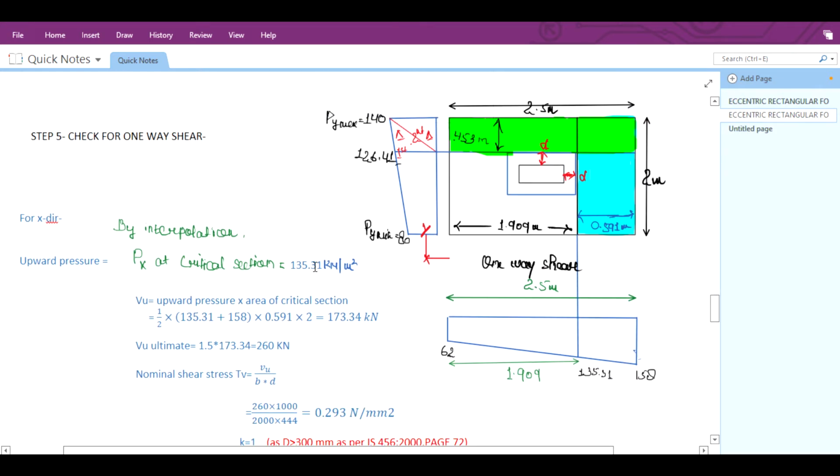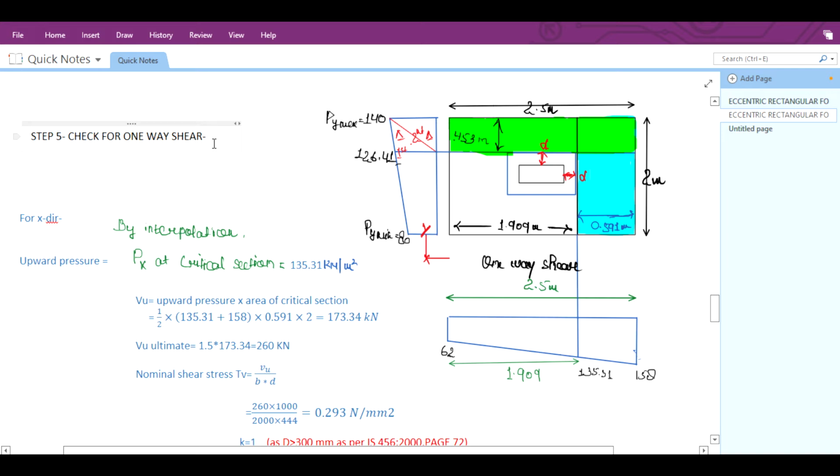By interpolation you can find the effective net upward pressure for both the directions at the critical section, that is at a distance d from the face of the column. For one way shear in both the directions, the critical section is at a distance d from the face of the column, where d is the effective depth.